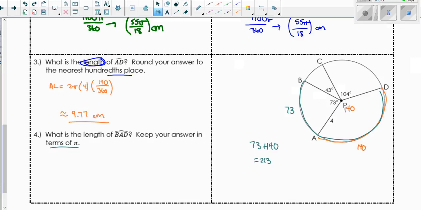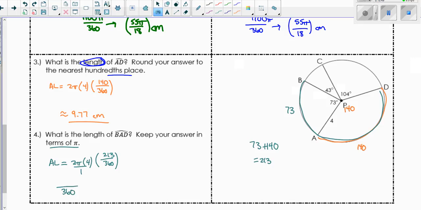So maybe try this first, and then you can unpause it and watch me do it. Alright, so the arc length is 2 pi times my radius again of 4, but this time I don't want 140 out of 360, I want 213 out of 360. I want an exact answer, so again this is like a fraction, so my denominator is going to be 360.